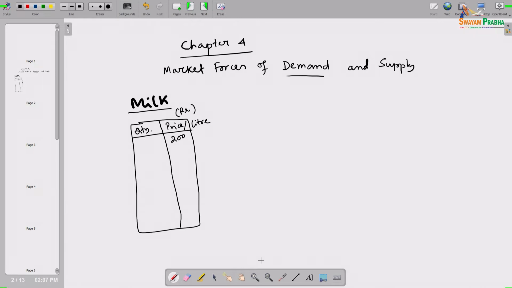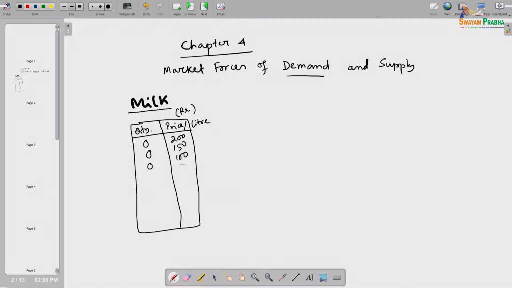So, at 200 rupees per liter, perhaps I will not demand anything. When it is 150 rupees, again I will not demand anything, because I am not willing to purchase milk at such high prices. When it is 100 rupees, still I will not demand anything.